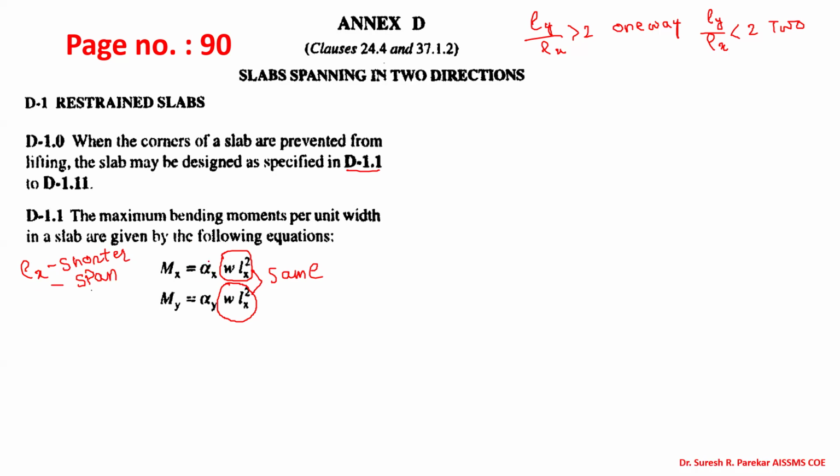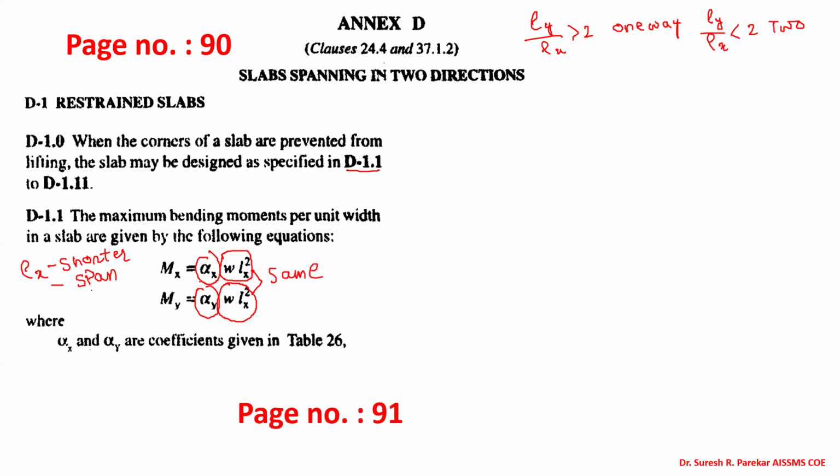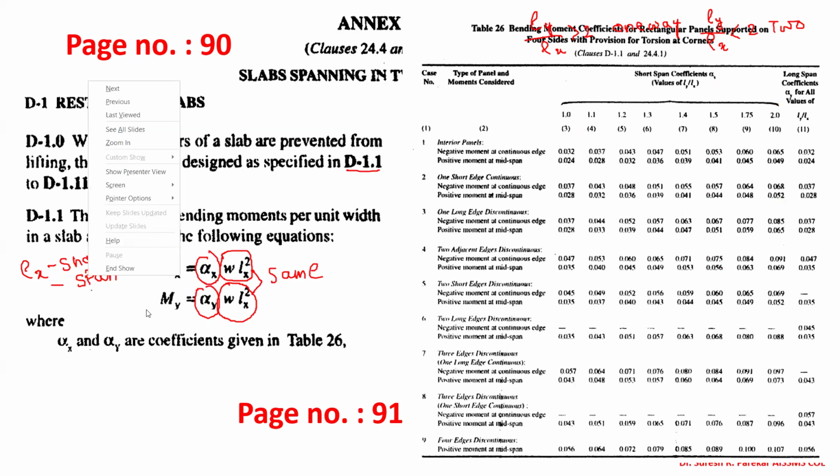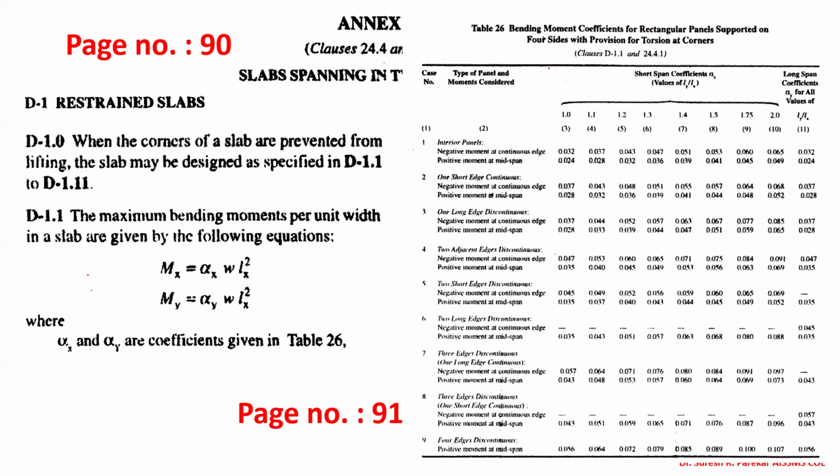Now the change we have is in this alpha x and alpha y. These alpha x and alpha y are actually given in table 26, page number 91. And you can see we have these values. If you see the bending moment coefficients, here they have mentioned bending moment coefficient for rectangular panel supported on 4 sides.